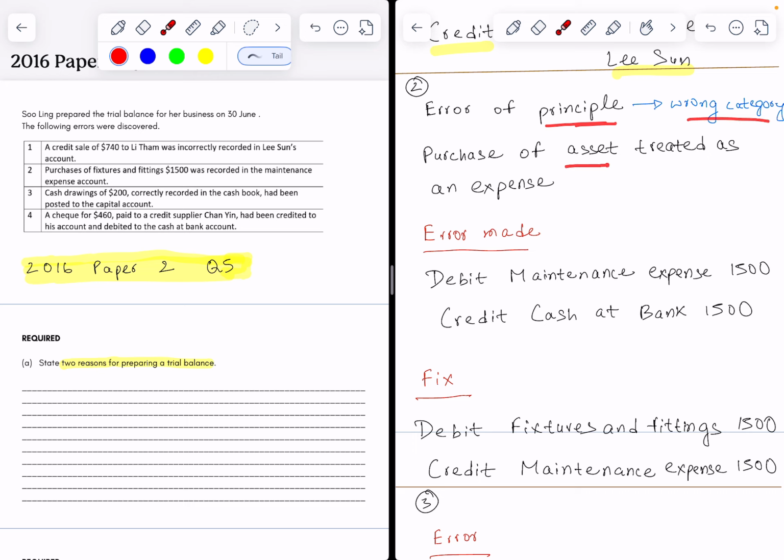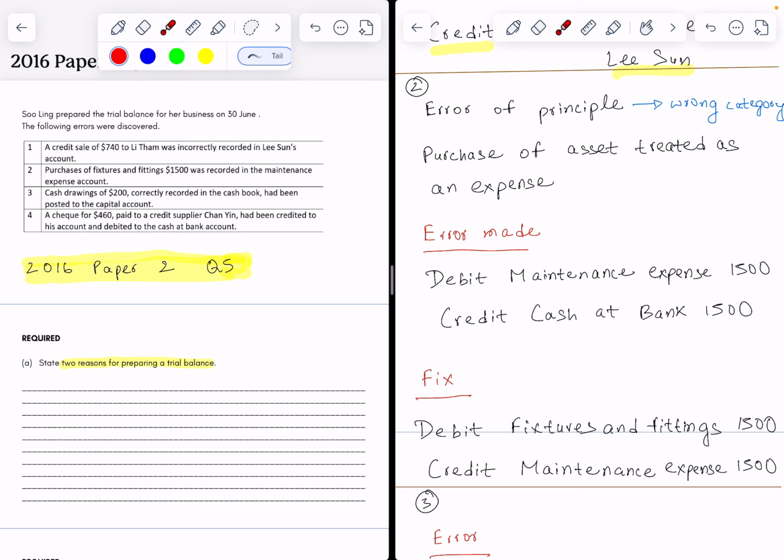Purchase of a non-current asset is a different category compared to an expense, right? So in this error, we have treated the purchase of an asset as an expense. And as you can see, assets and expenses are different categories to each other, which means the error is within the fundamentals, and therefore we can call this an error of principle.